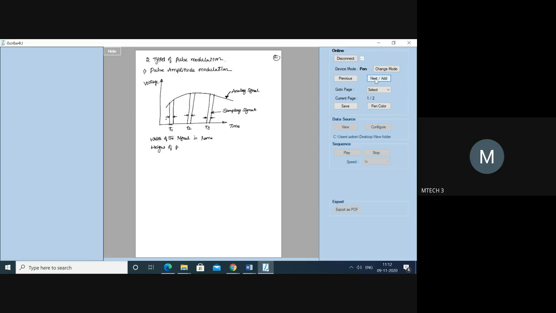What does the height of the pulse indicate? First of all, the height of the pulses indicates the amplitude of the signal. Are you understanding?